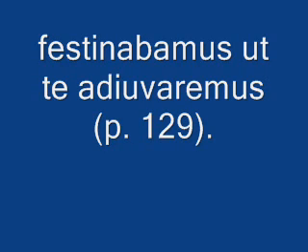Festinabamus. Aha, some kind of past tense. We were hurrying. Ut adiuvaremus. And take a look at that verb, adiuvaremus. Put your thumb over the mus, and what do you have? By golly, you have an infinitive.